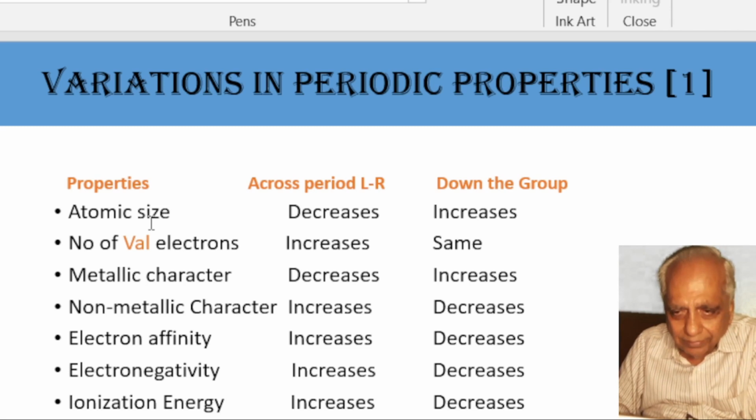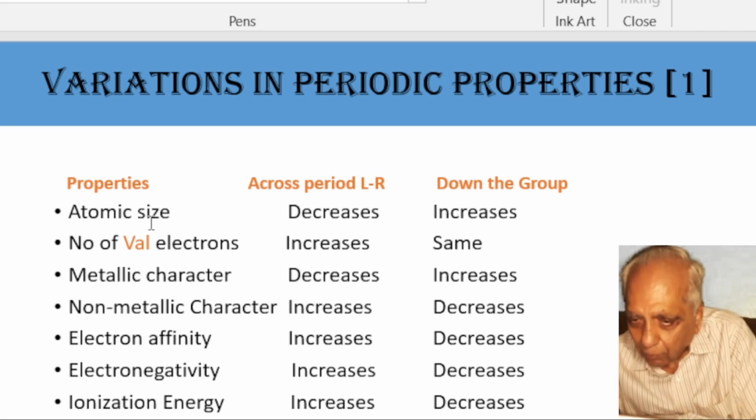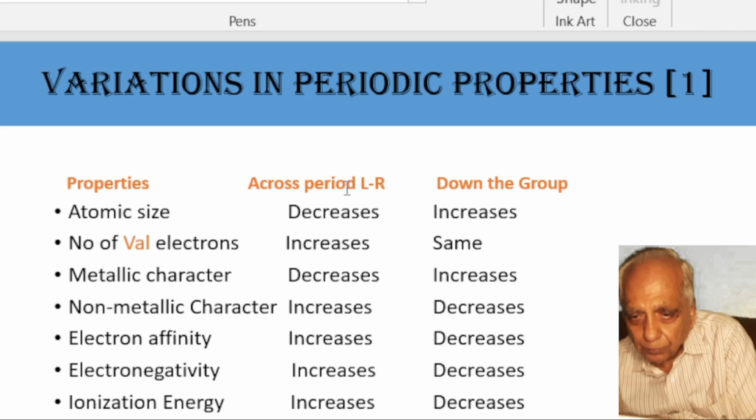As the charge increases, the radius will decrease. So atomic size decreases from left to right. And if we go down the group, the number of shells and orbits are increasing; though the charge is increasing, the predominant factor is the greater number of shells, so down the group it increases.